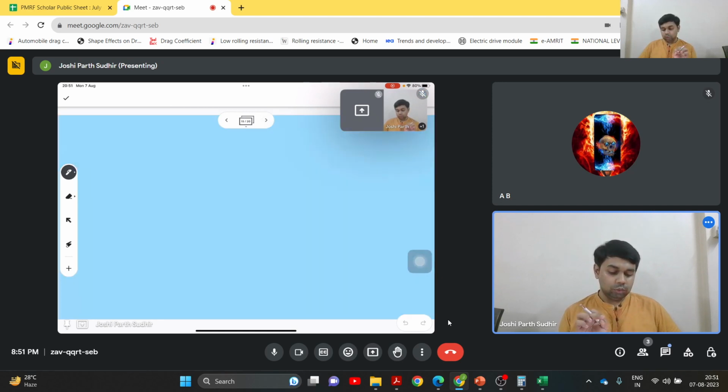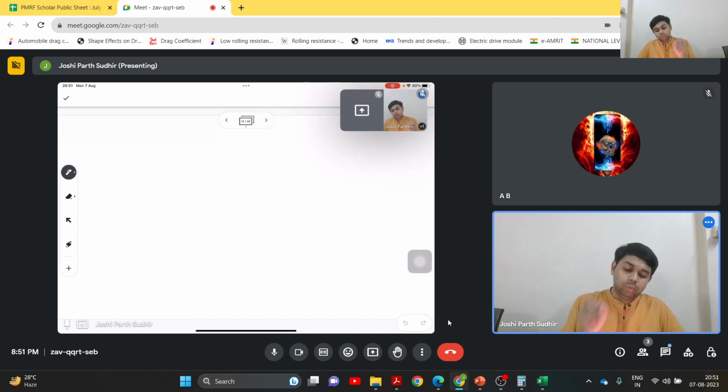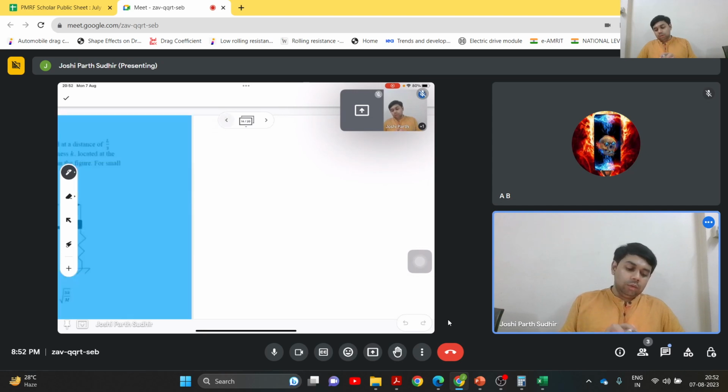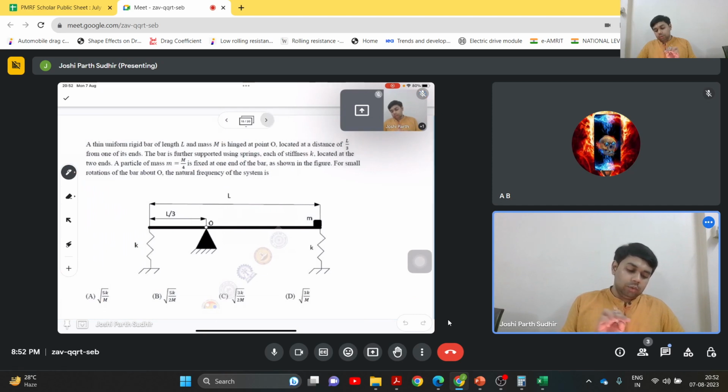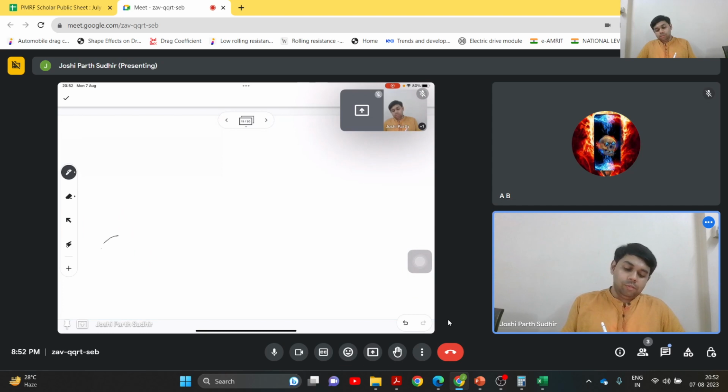So I'll just quickly go through how to approach this problem. If we draw the free body diagram of this bar, let us say this is the center of mass of the bar, and there will be the weight capital Mg acting on the center of mass.